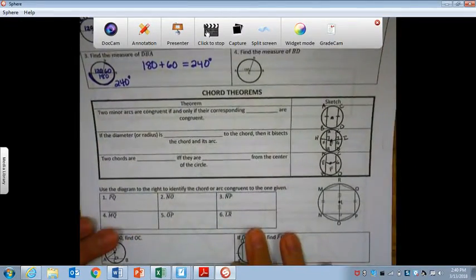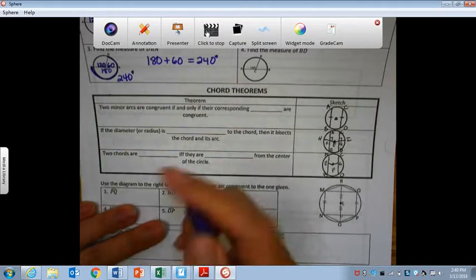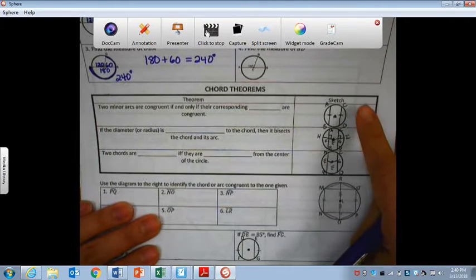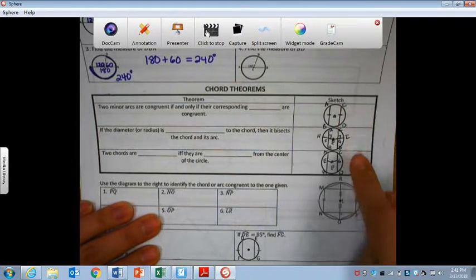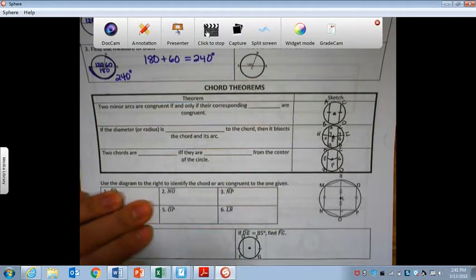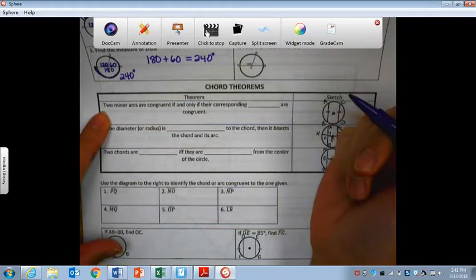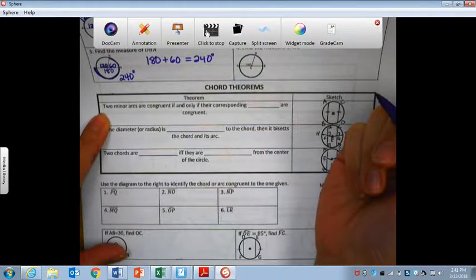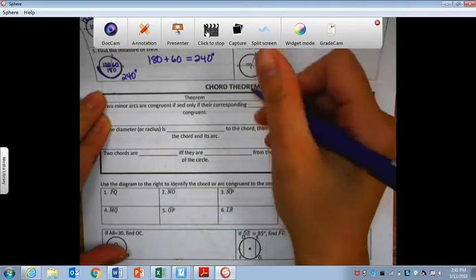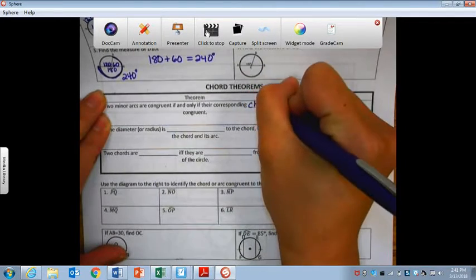Next thing, let's do the chord theorems. First thing I want to let you know is I've drawn these out, so if you want to pause the video and copy, go ahead and do that. It says here, 2 minor arcs are congruent if and only if their corresponding chords are congruent.